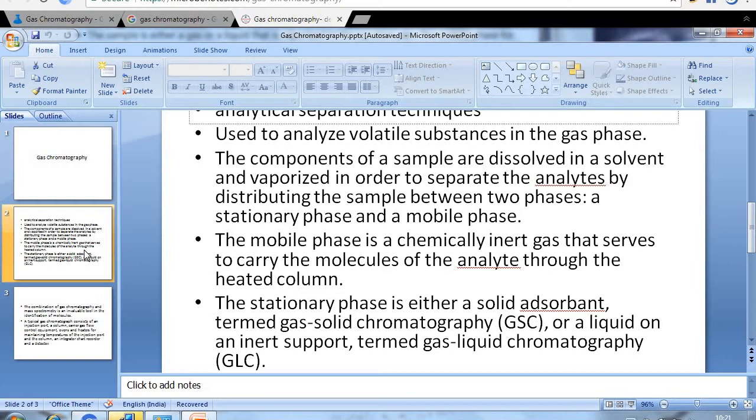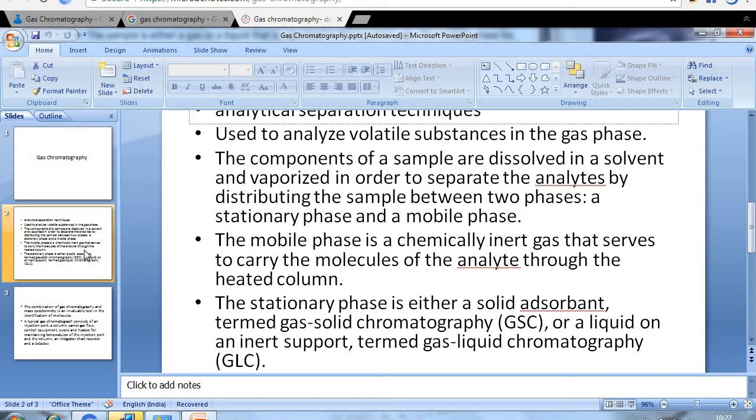This is mainly used for volatile substances, because the samples are handled in a gaseous phase, and that's why it's called gas chromatography. Whichever sample we have to analyze is dissolved in a solvent and then vaporized at the sample injector point, and it gets converted to the gas phase.